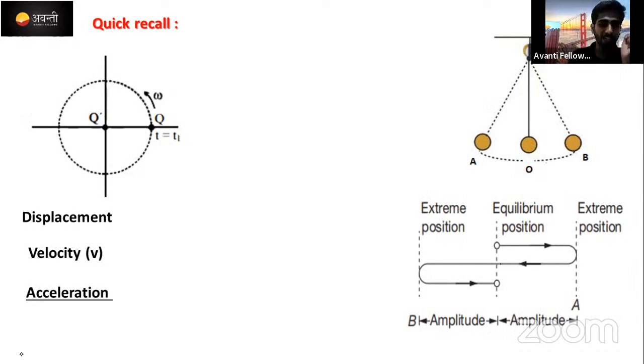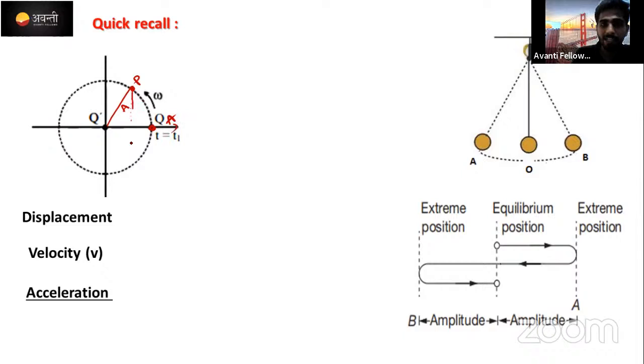What are those three equations? Basically we described displacement. What is the displacement? Suppose the particle was at A. If it moves to point P, up to this point is the maximum displacement. If you want to find the displacement along the x-axis, you draw a perpendicular line to the x-axis.